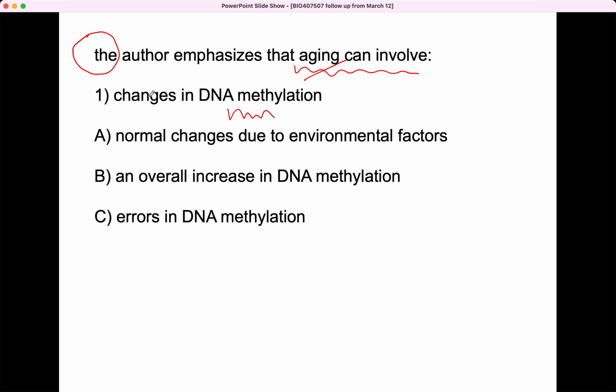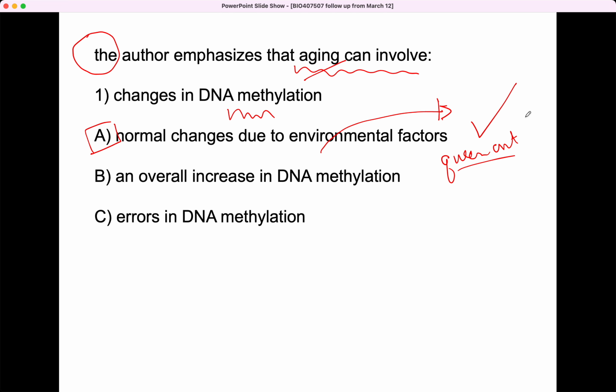The first example is one we've talked about, the story of the queen ant. This isn't necessarily a story of aging, but just as the animal lives, natural changes in the environment can affect DNA methylation. That happens normally as the animal ages.